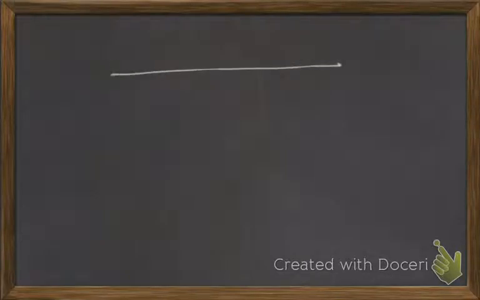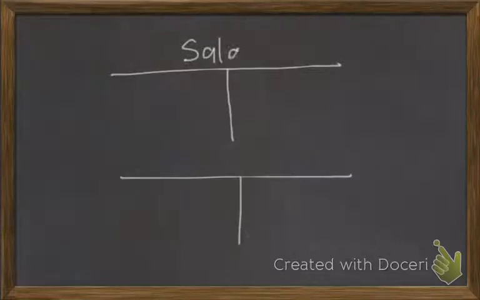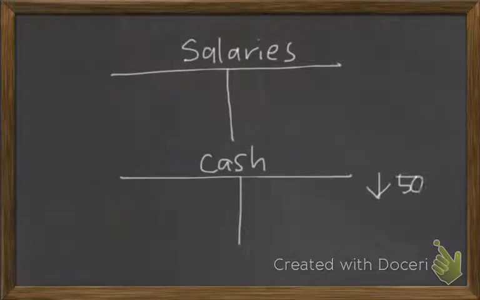We have the two accounts that we agreed on before, which are salaries and the cash account. Cash is reduced by 5,000 because we paid salaries by cash, so we record 5,000 on the credit side.